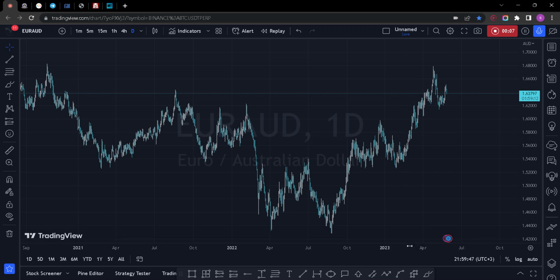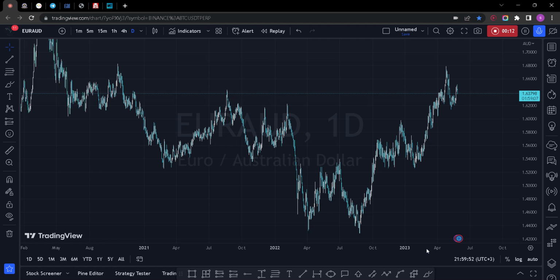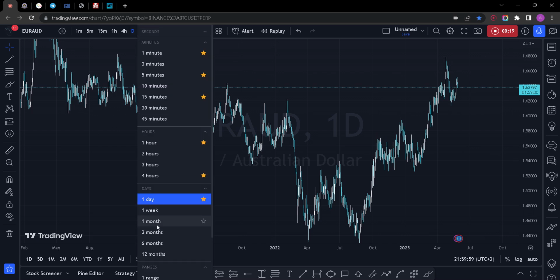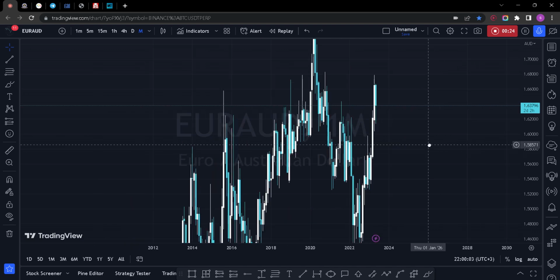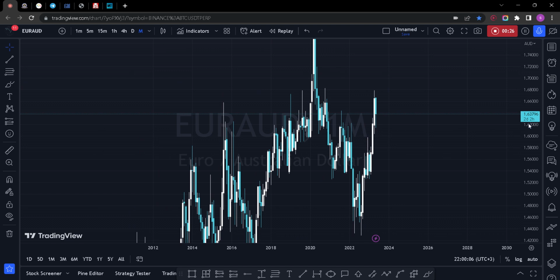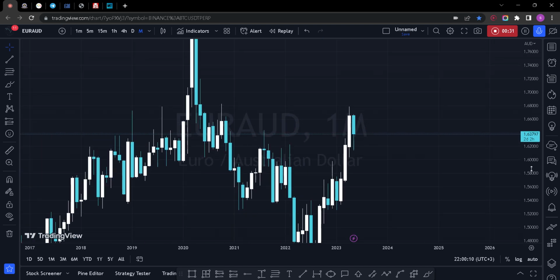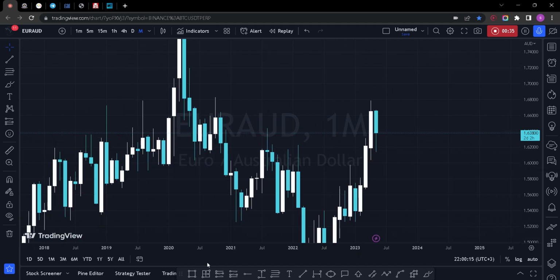I'm going to analyze Euro Aussie dollar, and we're going to get straight to it. I like to start from higher time frames. Top-down analysis is where I like to start because it informs the rest of the price action in the lower time frames, as well as confluences.